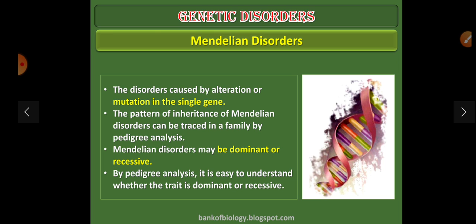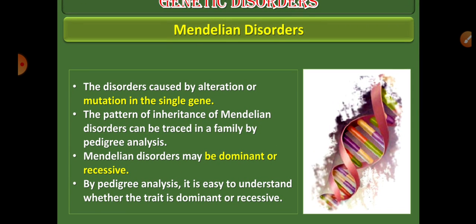With the help of pedigree analysis, we can easily understand whether the trait is dominant or recessive. Mendelian disorders mainly happen due to alteration of a gene or mutation.